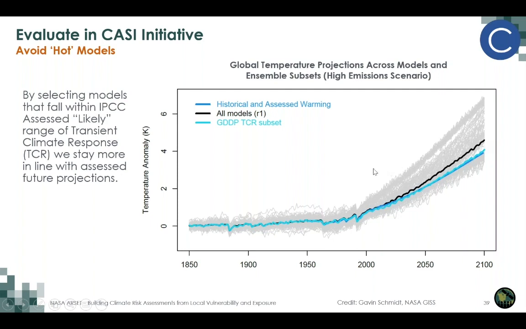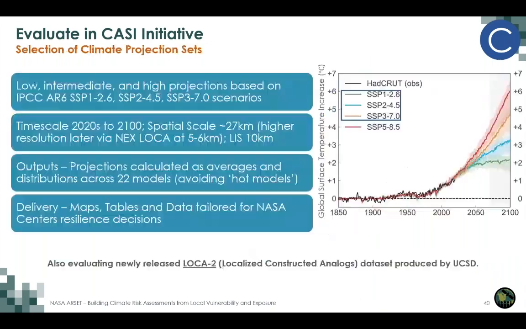But if we do a subset according to the IPCC range, we follow this light blue line, which sticks much more closely to the historical and assessed warming. So this gives us a strong impression that the models that we have selected are doing a good job of representing the current state of climate physics understanding in the community.